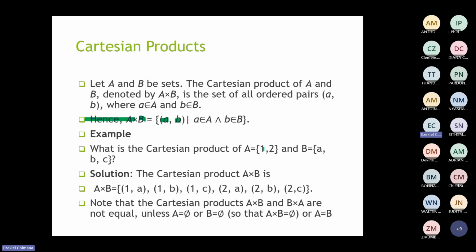So for this one, it is going to be 1 and A. That's why I've got 1A. Then 1 and B, that's why you've got this. And then 1 and C. And then you go for 2 and A. Then you go for 2 and B, and then you do the same. You go for 2 and C.